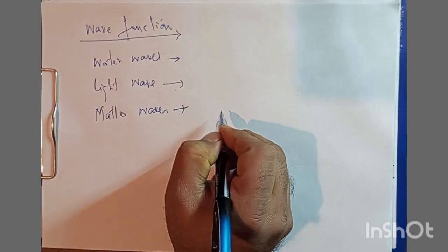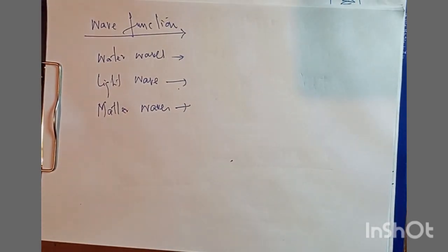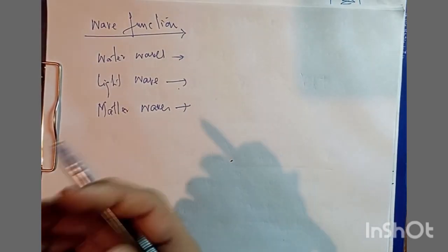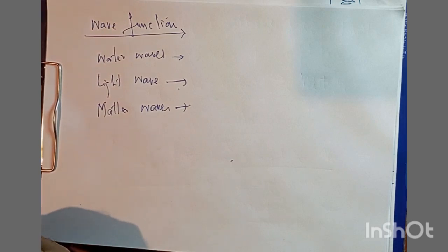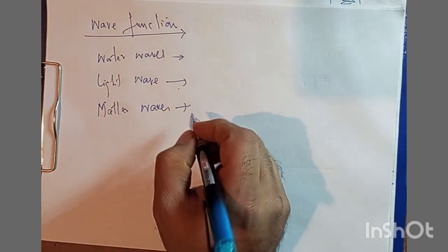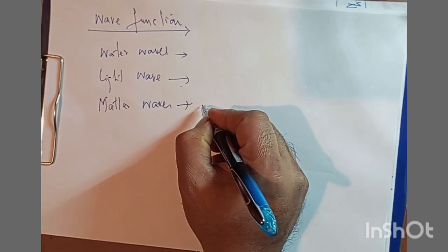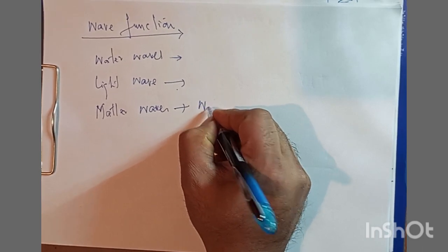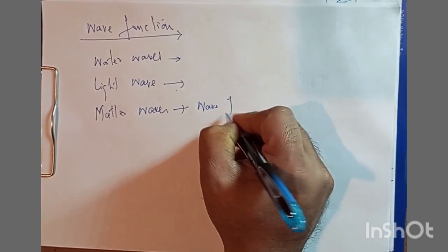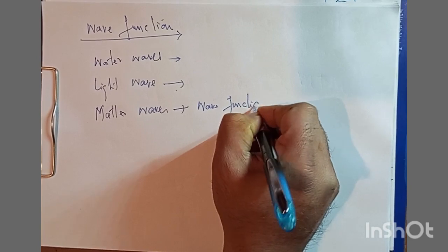And matter waves, the waves that are associated with the matter at microscopic level, their state can be talked about in terms of a wave function. To be very literal here, in terms of wave function.